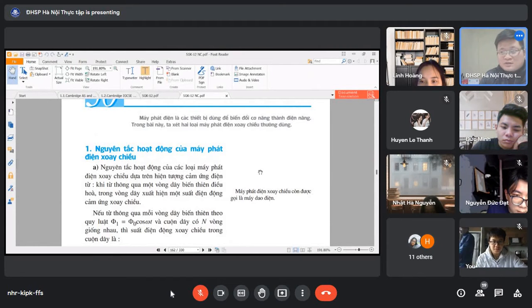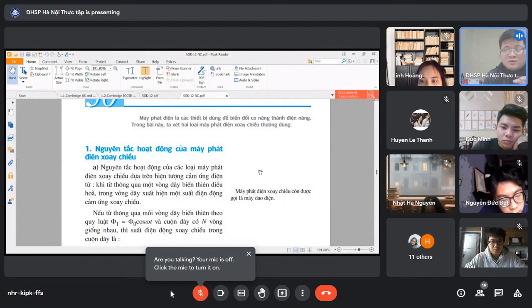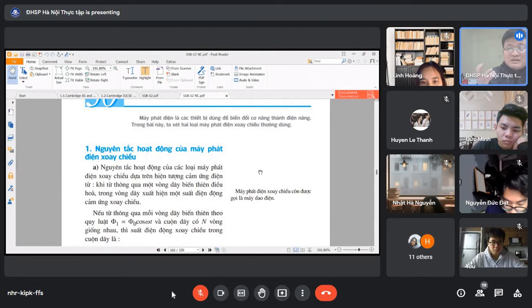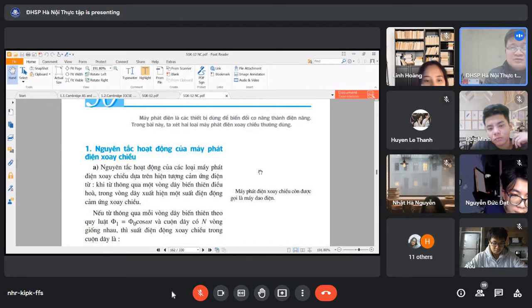The principle is such that, in such a machine, there should be a part in which we can create the change of the magnetic flux, and there should be a part in which we get the EMF, and there's a certain tool or component to take out such EMF, the electromotive force, or take out the induced current to the outer circuit to use. Yeah, so that is just the principle and idea.